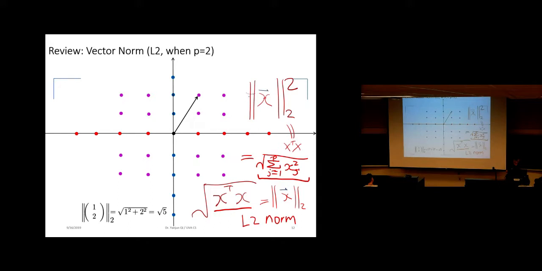The L2 norm is the square root of x transposition x, and if you square it, x transposition x equals the L2 norm squared.